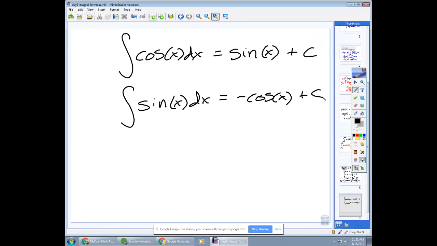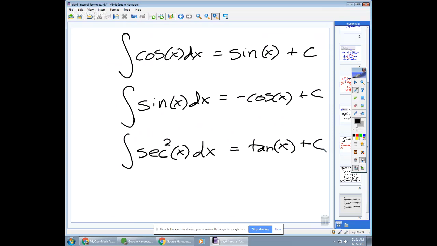Tangent, you're going to have to hold off on until tomorrow or Friday. I'll prove that one later. It's just not as straightforward. But what if I had the secant squared? Yeah, that would be tangent as the answer. The antiderivatives for the tangents are a wee bit more complicated. And I'll show that tomorrow in a video, or Friday on a video. Antiderivative of secant of x times the tangent of x.